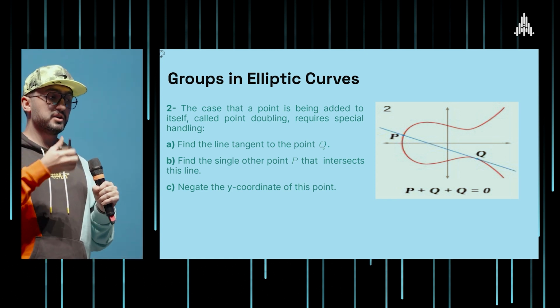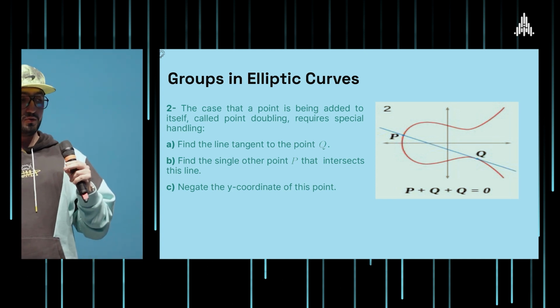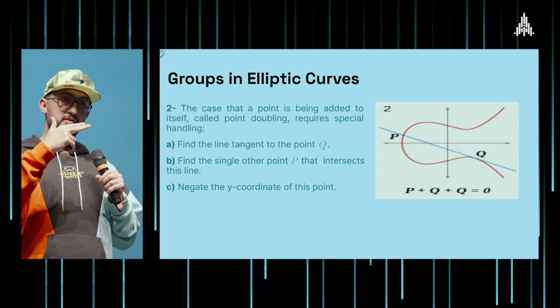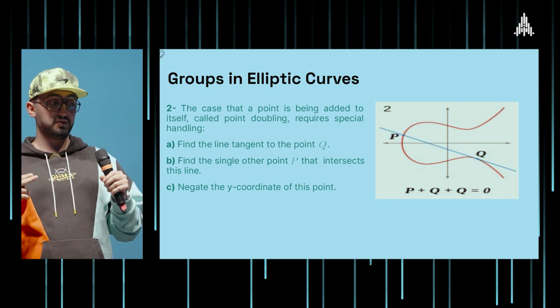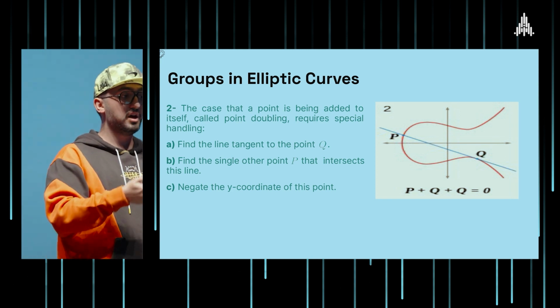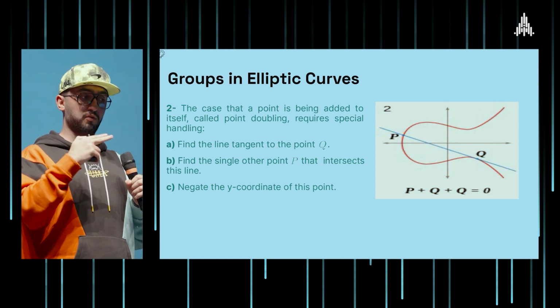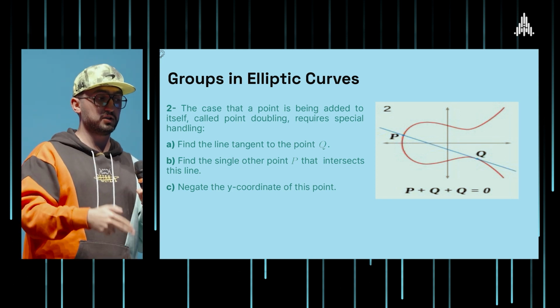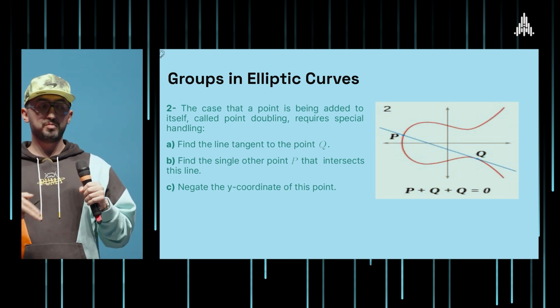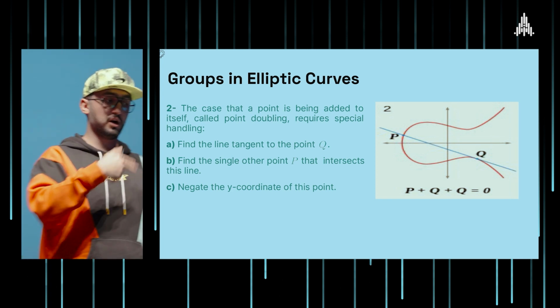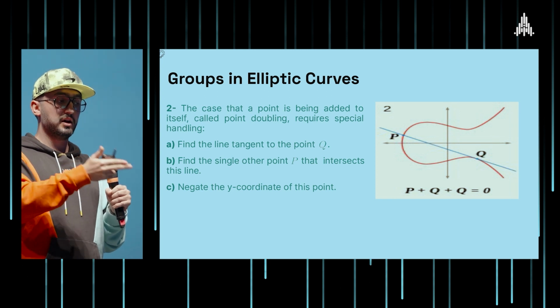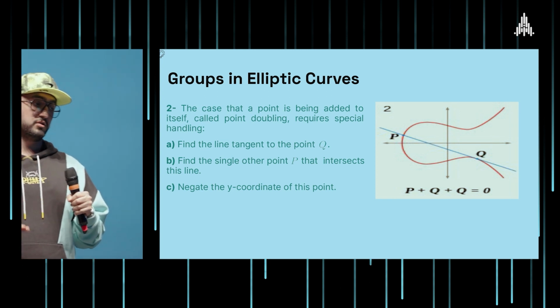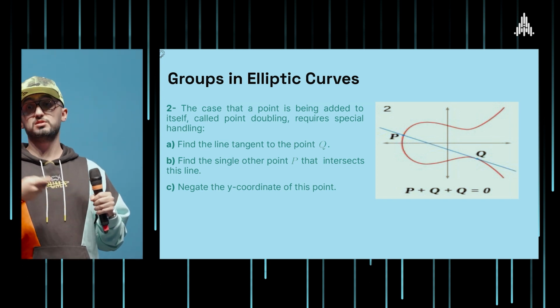We take Q and calculate its tangent line, and it goes and intersects at a point, as shown here, which is P. That means we are doubling Q. Q plus Q is equal to minus P, and you can say that P plus Q is equal to 0. This is how we do the double operation.